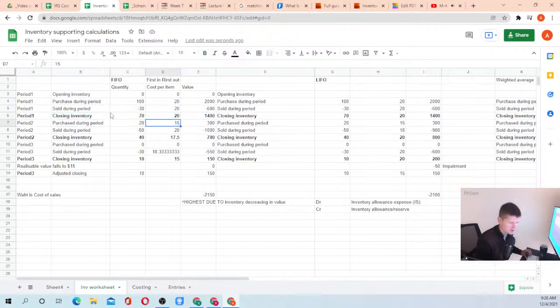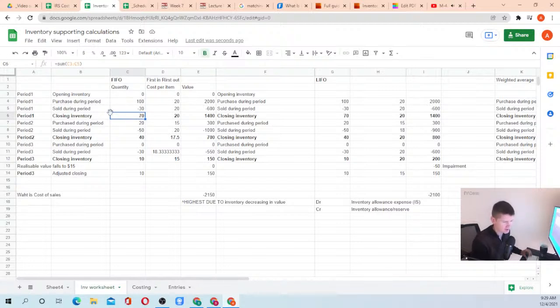Then we purchased additional items at $15 and sold 50, but all those 50 were costed at $20 because we used the first in, first out assumption, and we still have a stock of these $20 items.